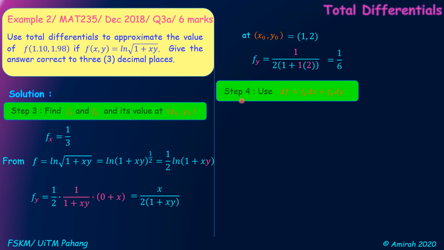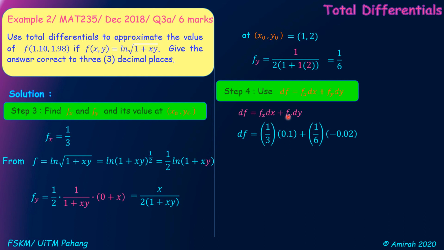Right, after that, we can continue with step 4. Use df equals fx dx plus fy dy. Okay. So from here, we have df equals, we replace fx equals 1 over 3, and then times dx. dx we get from the first step, which equals 0.1.